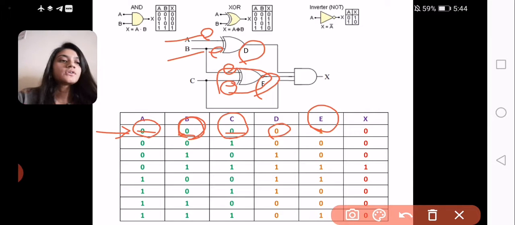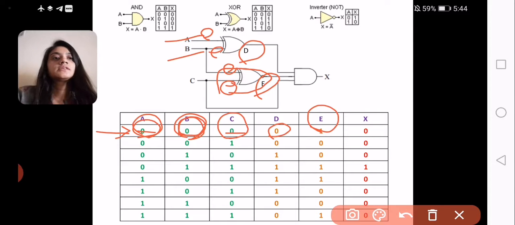So when we apply 0, 0, 0 at the points A, B and C, let us do first XOR of A and B. So that is 0, 0. As you know from the table of XOR, right? 0 0 combination will give answer 0.